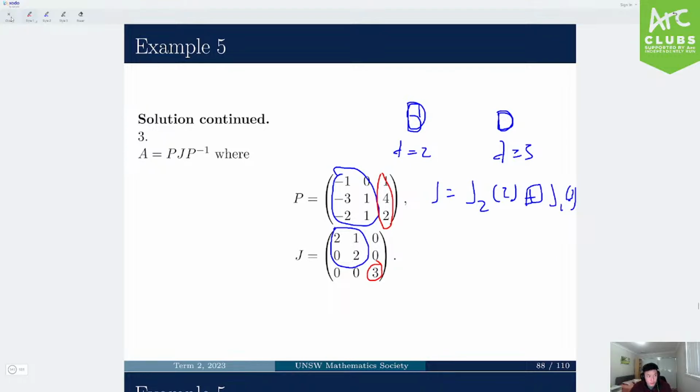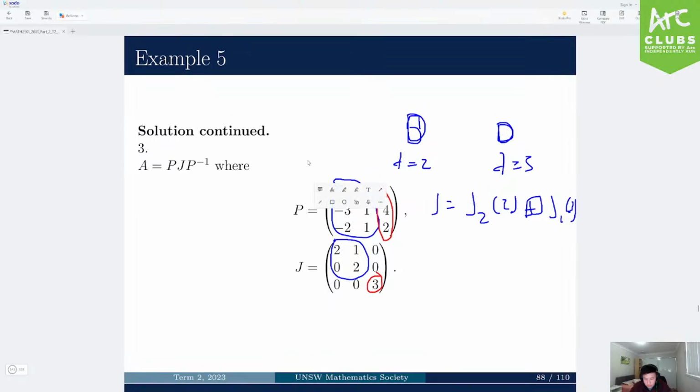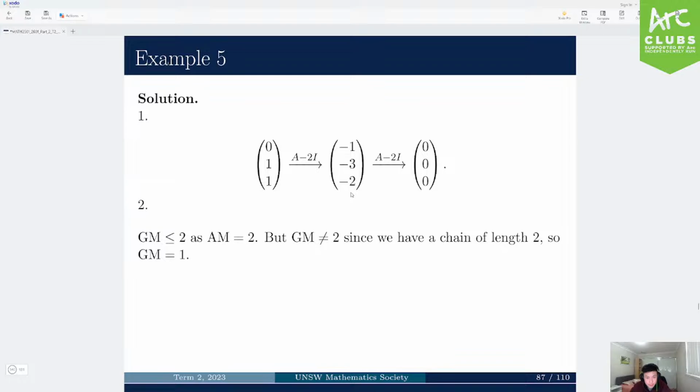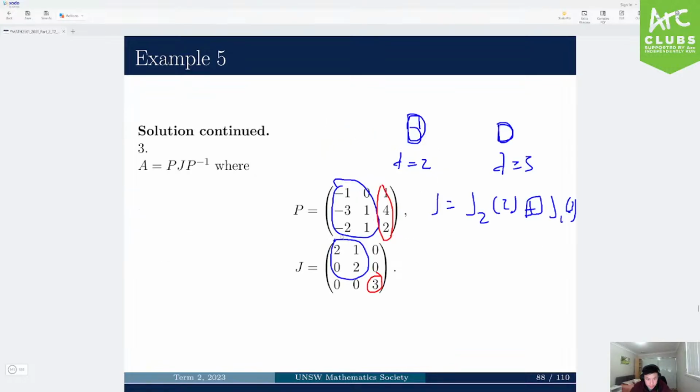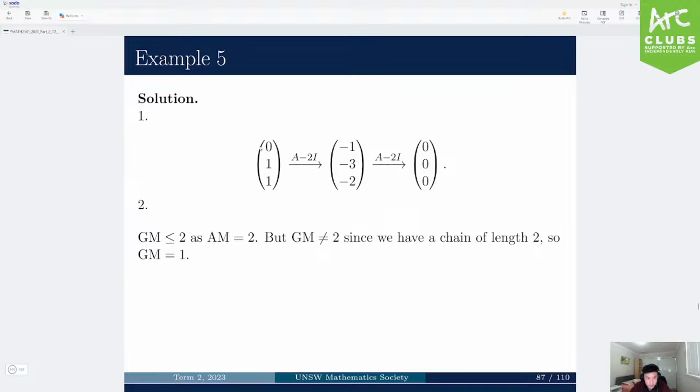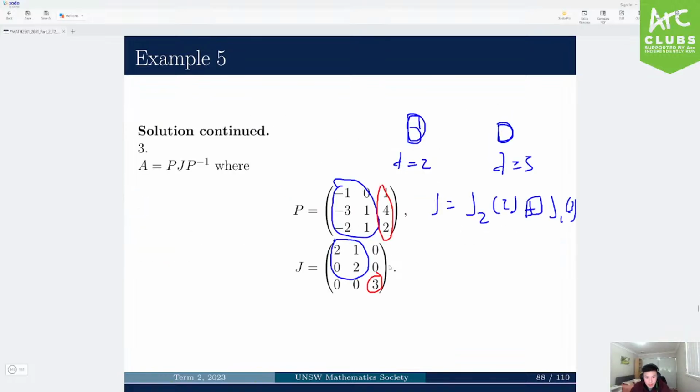We start off with the eigenvector, and we work our way up. We start off with this -1, -3, -2 and write that in our first column. Then we work our way up towards 0, 1, 1, and we write that in the second column. The third column is just going to be the eigenvector corresponding to 1, 4, 2.